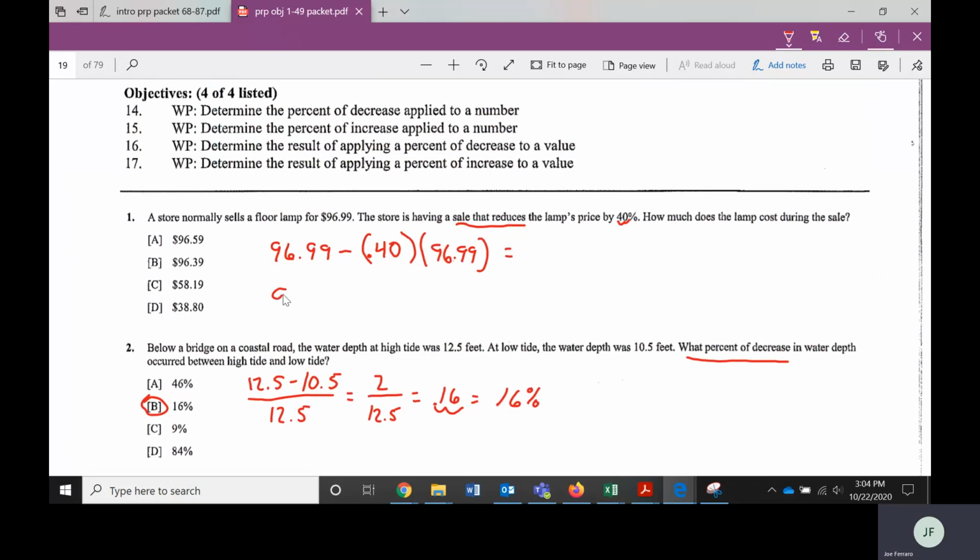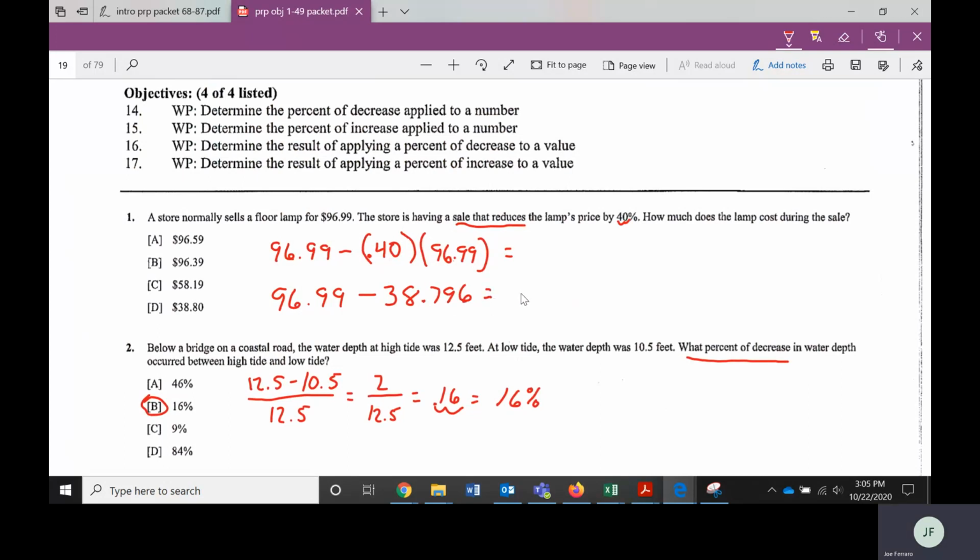Okay, so order of operations, you copy this down first. Then in your calculator, you take 0.4 or 0.40 times 96.99. And that's going to get you 38. Now I'm going to write it out exactly as I see it here. Okay, it's going to give you that.